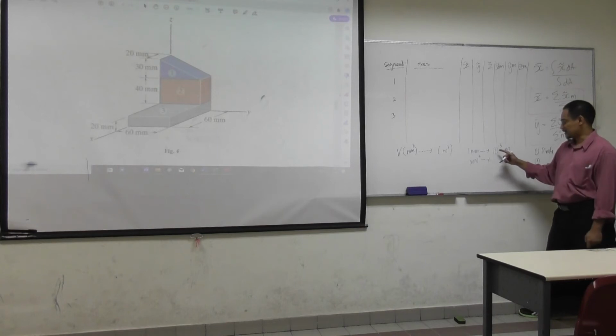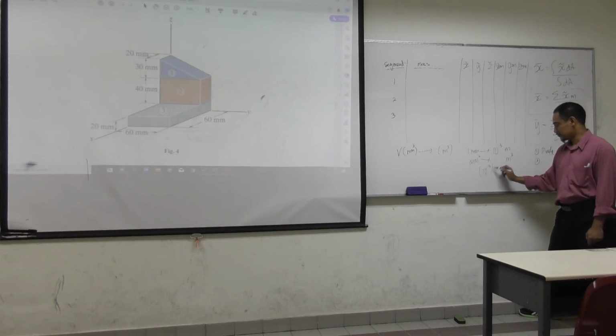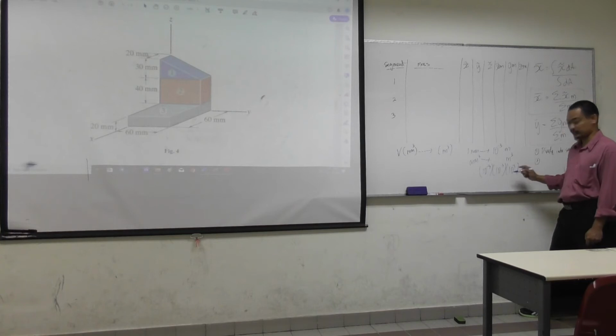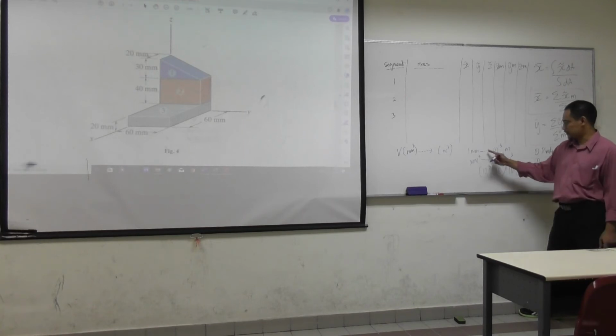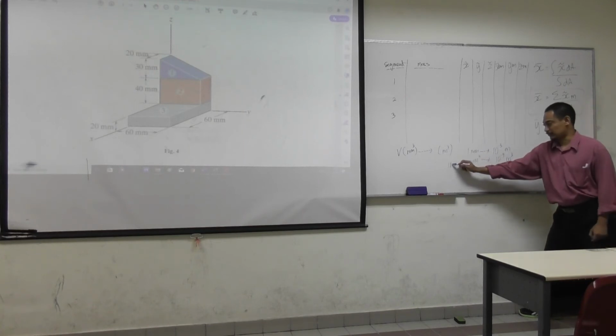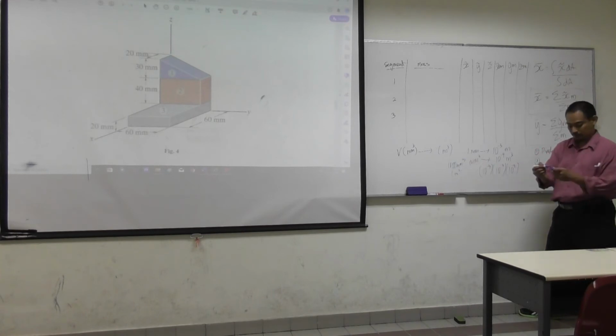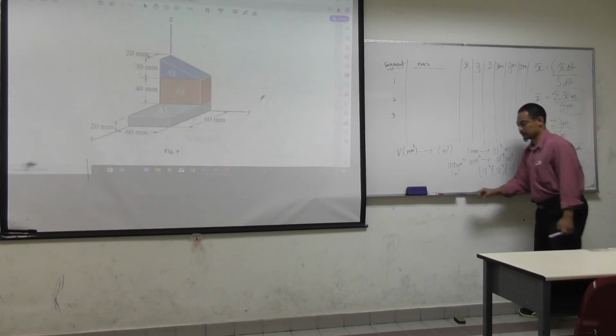It's basically 3 times this one, it's power of 3. In the final exam last time, many students just times this one. Meaning for example 1000 millimeter cube suddenly become 1 meter cube, which is totally wrong. So do not make mistake like this.